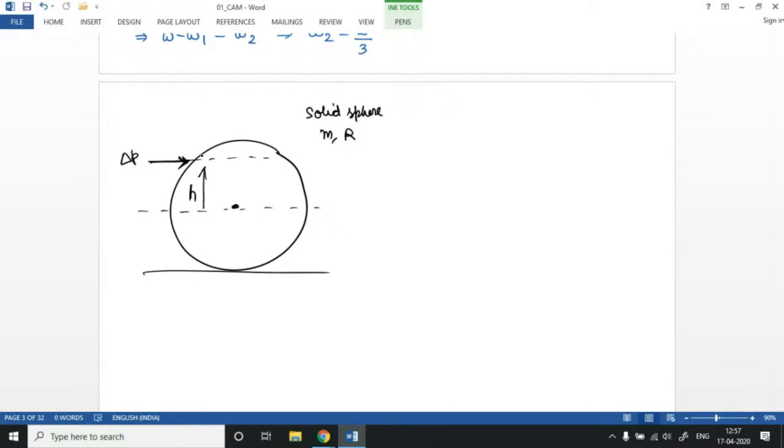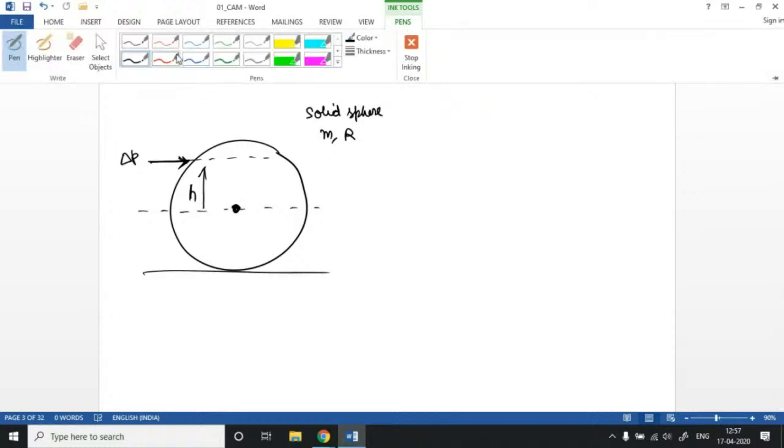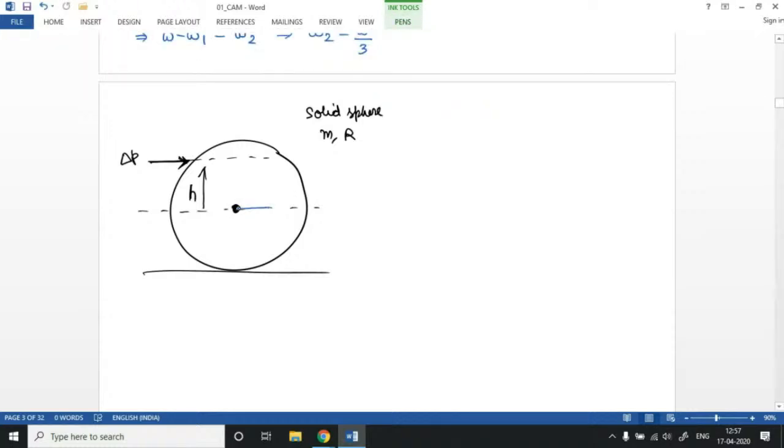So how can we do that? If linear impulse delta p has been provided, we must be able to find out, just after the impulse is provided, what the linear velocity of its center of mass is. Let's say v naught, and we would also be looking for the angular velocity omega about an axis passing through the center of mass.